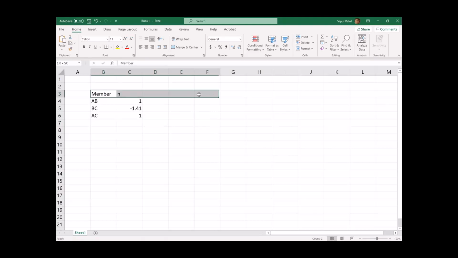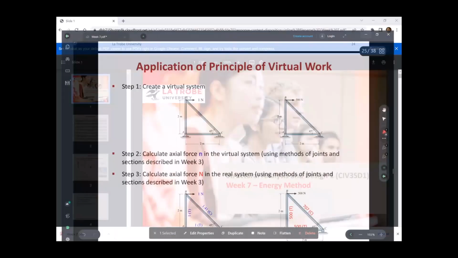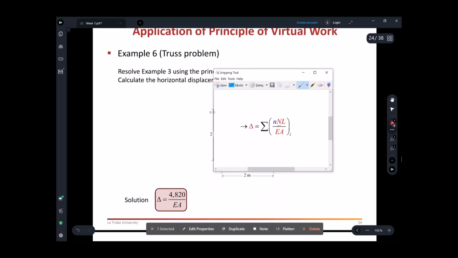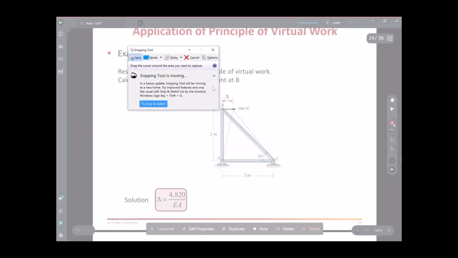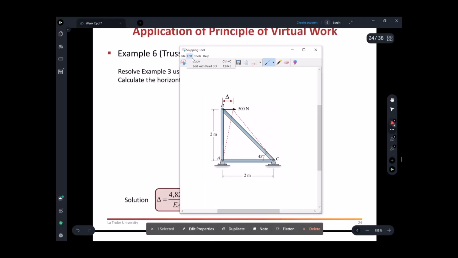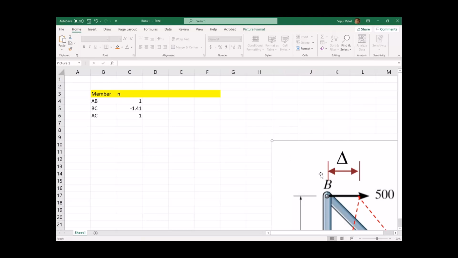Let me put this one in some dark color, and let me grab this example here so we know what we are talking about. All right.